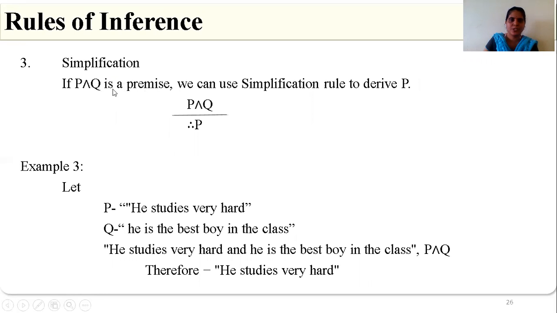According to the simplification rule, if the premise P and Q is true, then the conclusion P is also true. For example: the premise is P and Q, he studies very hard and he is the best boy in the class. Therefore, he studies very hard.